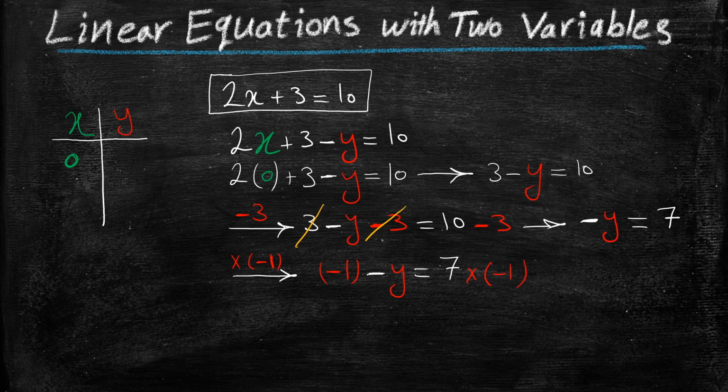Okay, negative times negative y equals positive y. We do it with red. Equals 7 times negative 1, that's negative 7. So when x equals 0, y equals negative 7.